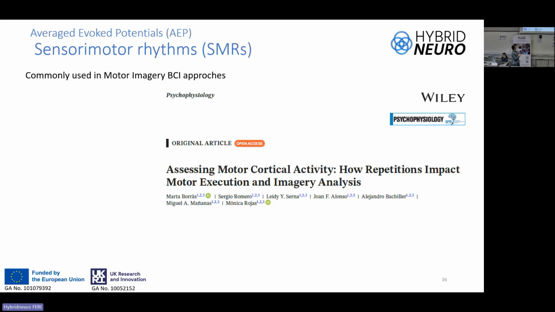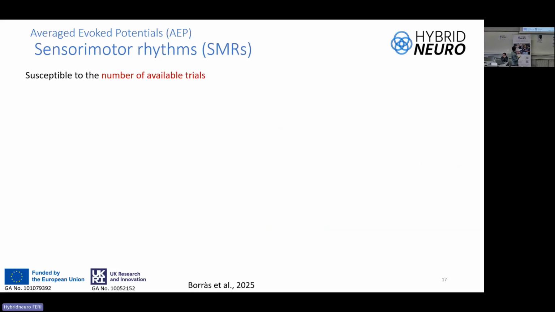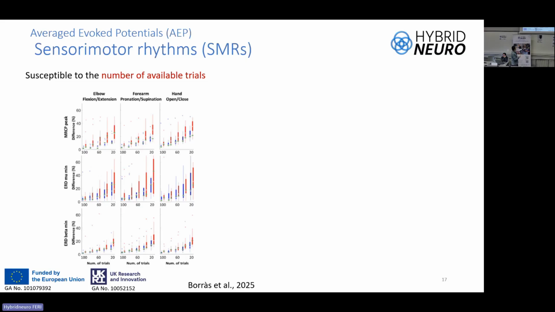As I mentioned, the sensorimotor rhythms are very used in motor imagery approaches. And as I mentioned before as well, the number of repetitions is very important. So we have published a paper assessing how the number of repetitions impacts motor execution and motor imagery in a public dataset analysis. Here are the results.